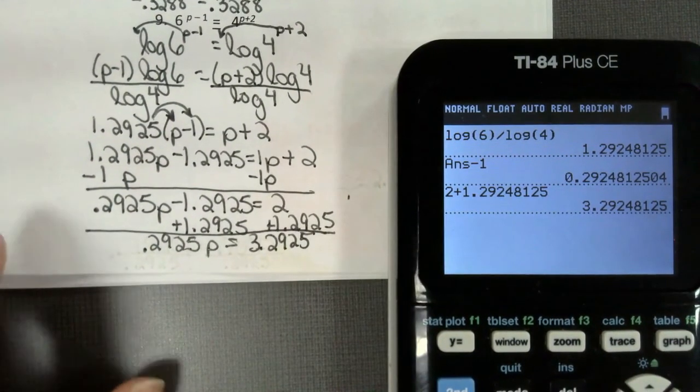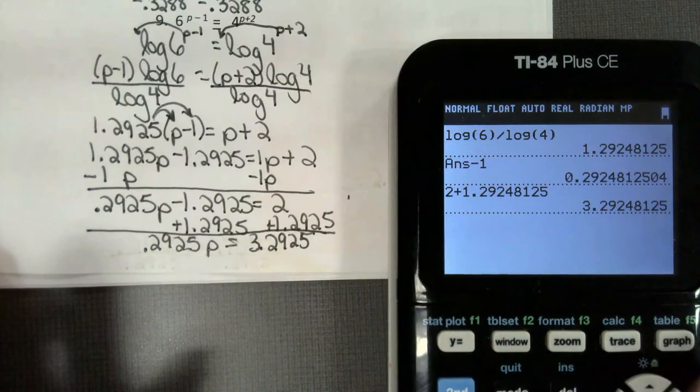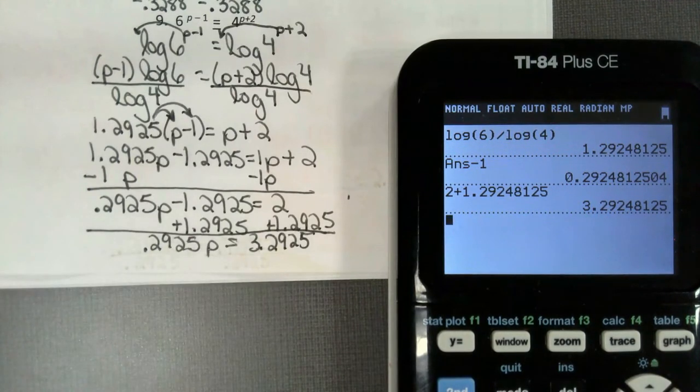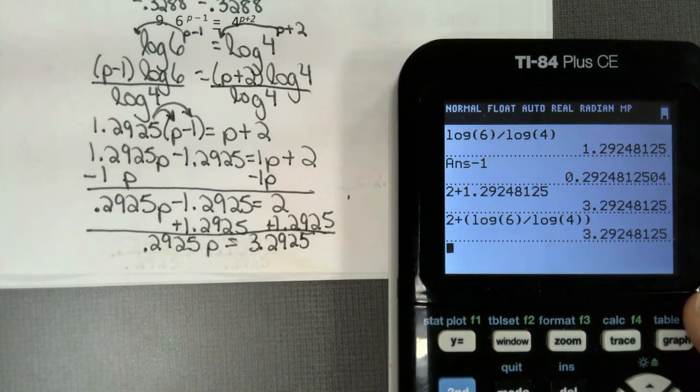Second option is if your calculator doesn't allow you to go up and select the number that you want, you can do 2 plus parentheses and type in what you had before. Log of 6 divided by log of 4, and get your number as well.